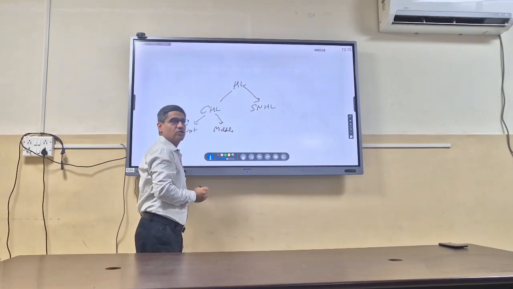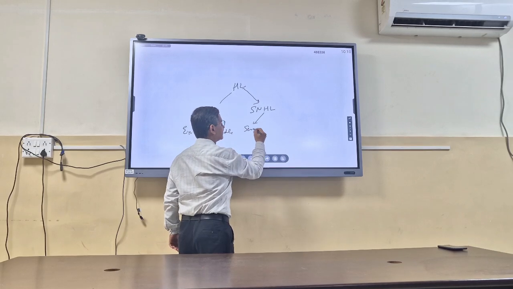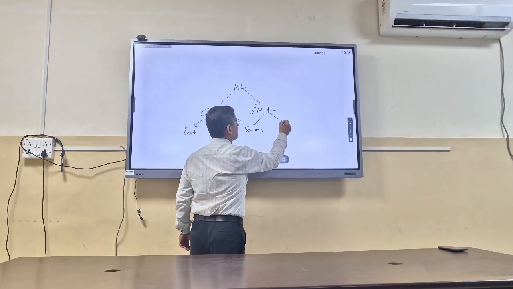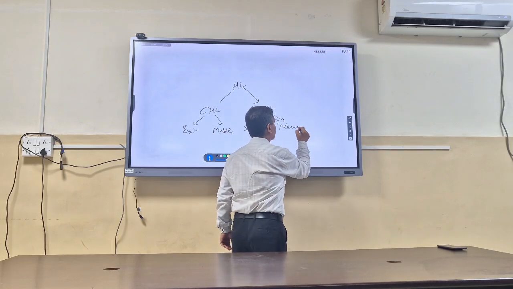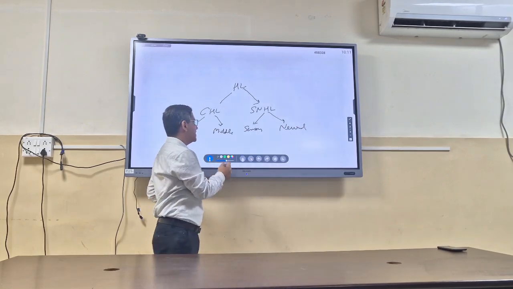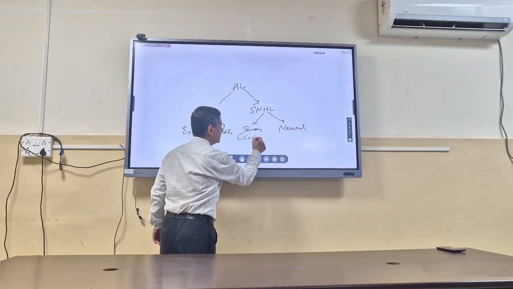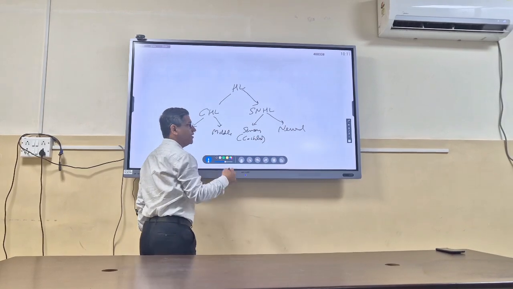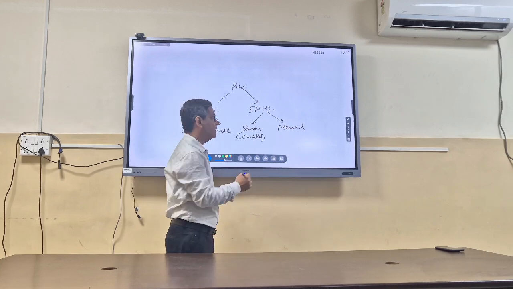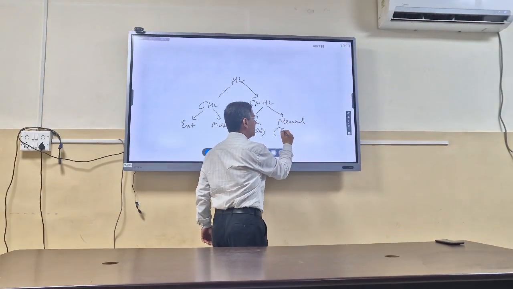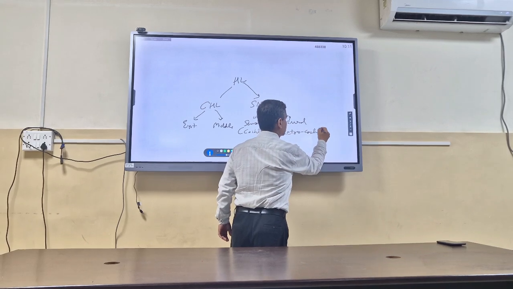Sensory neural hearing loss can again be divided into sensory and neural. Sensory means any pathology in the cochlea, and neural means beyond the cochlea, the rest of the auditory pathway, sometimes called retrocochlear.